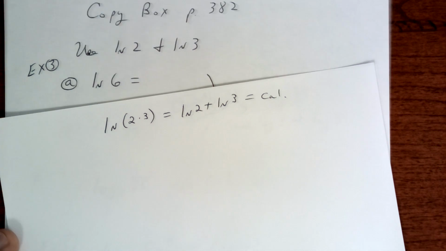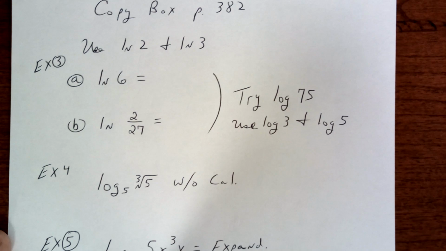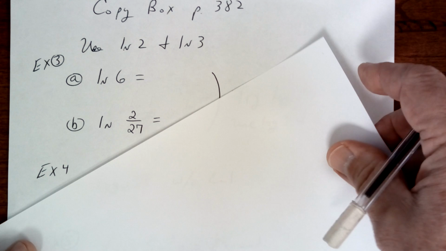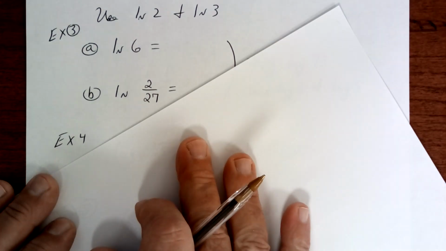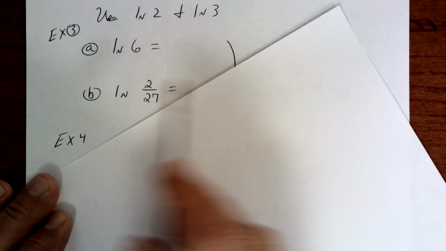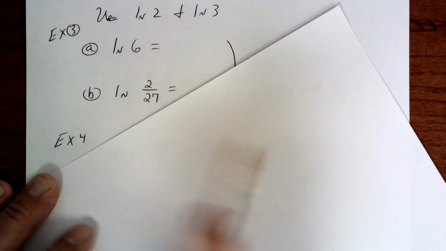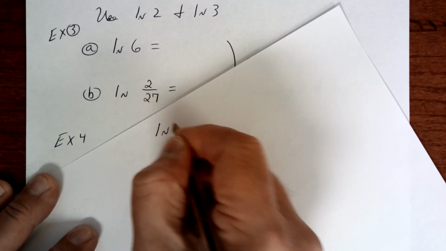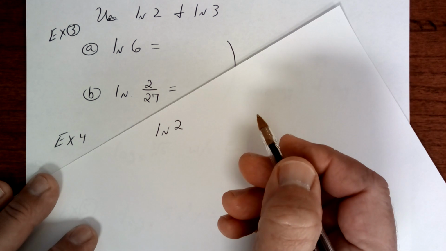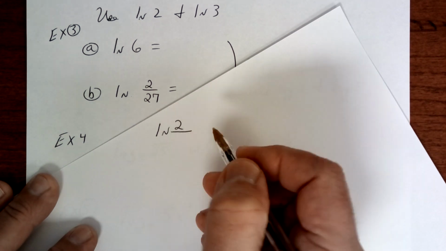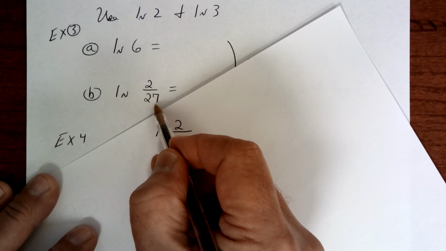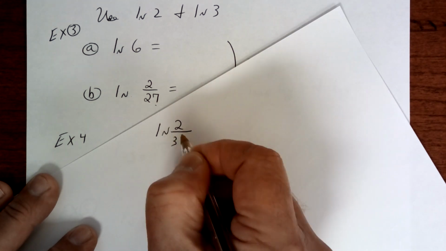All right, take a look at this one right here. This one right here, they want you to use 2's and 3's. You're dividing. Okay? So I'm going to say the natural log of 2 is fine. Okay? Divide it by 3 times 3 is 9. 9 times 3 is 27. So I'm going to say 3 to the third power.